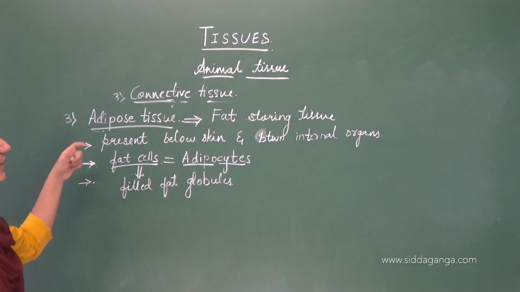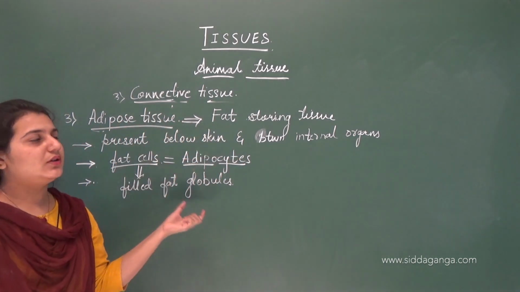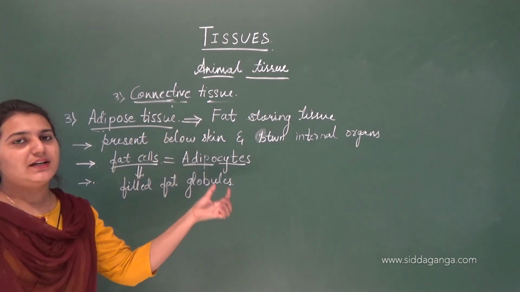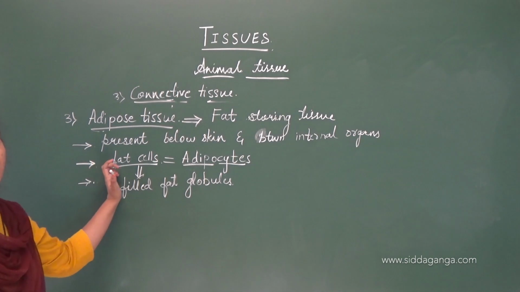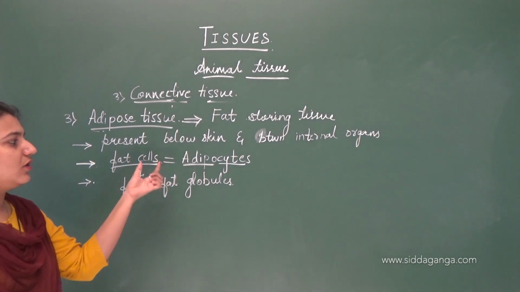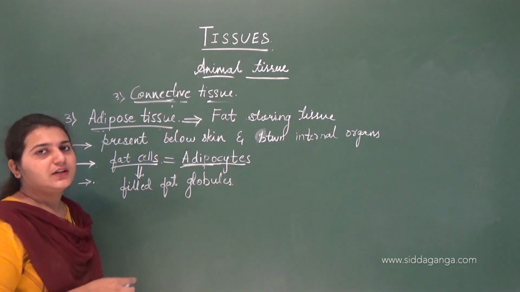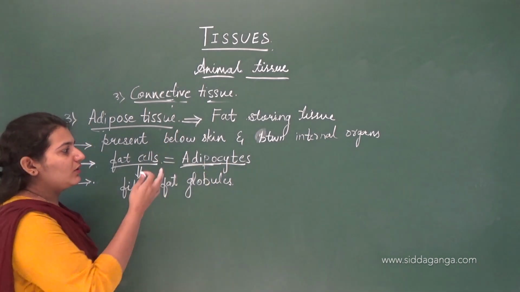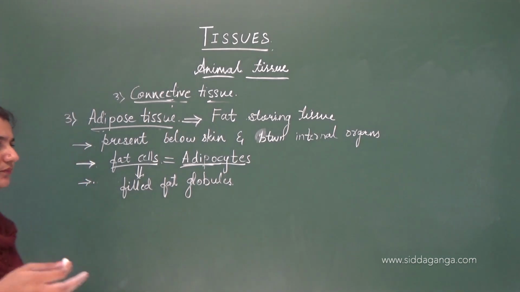Simple, isn't it? These are nothing but fat storing tissue where the fat gets stored. These are present below the skin and between the internal organs, and are made up of fat cells. What are these fat cells called? Fat cells are nothing but adipocytes, hence the name adipose tissue. Whatever the cell is, it is completely filled with fat globules.